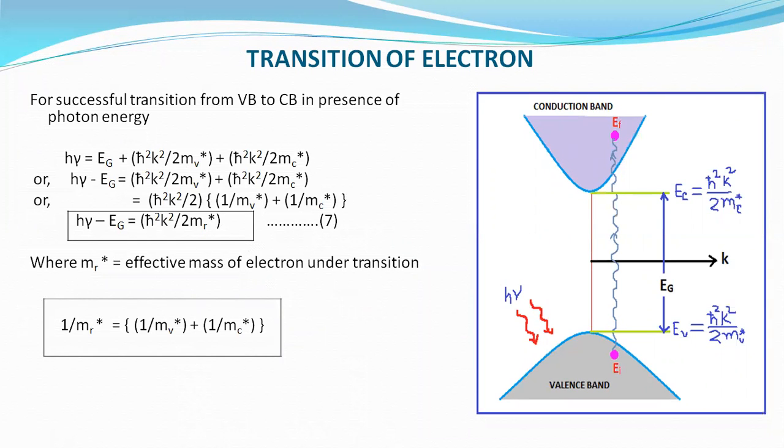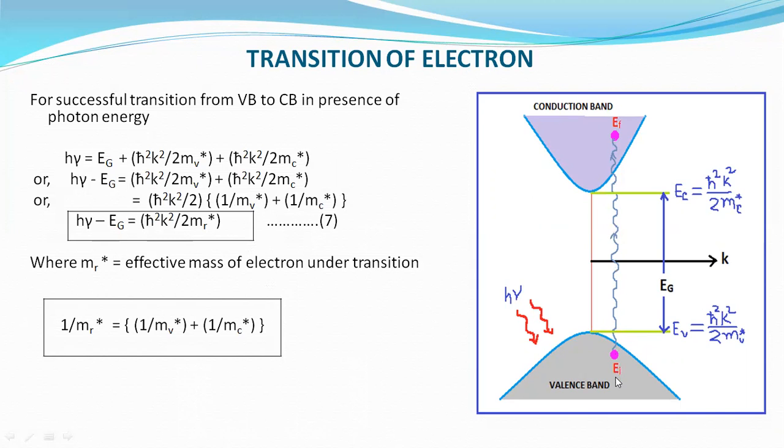Now, if we consider the same situation again, some electron in the EI state jumping to some position inside the conduction band having some energy EF. For a successful transition from the valence band to the conduction band in the presence of a photon, h nu, the photon energy, must overcome Eg.